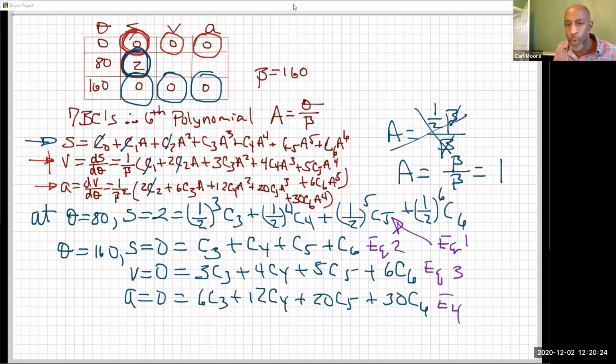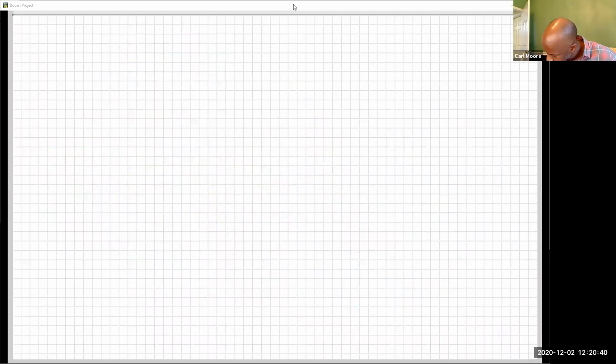Now, these equations can be solved with a matrix. We've done that a few times, but let's set that up here. I'm going to copy these equations that I just wrote and get them onto my next page. Okay, so those are the equations I just wrote.